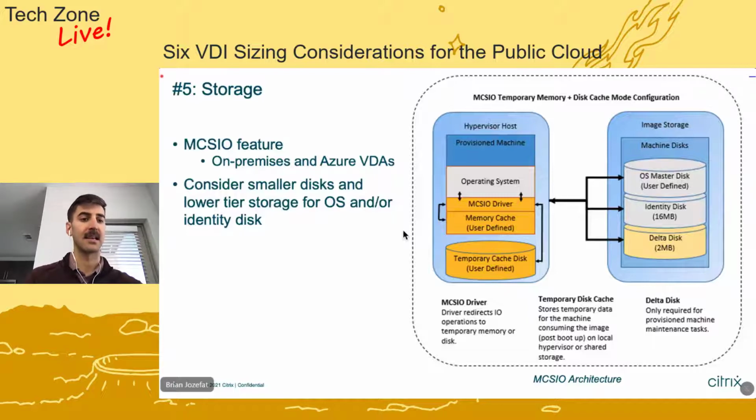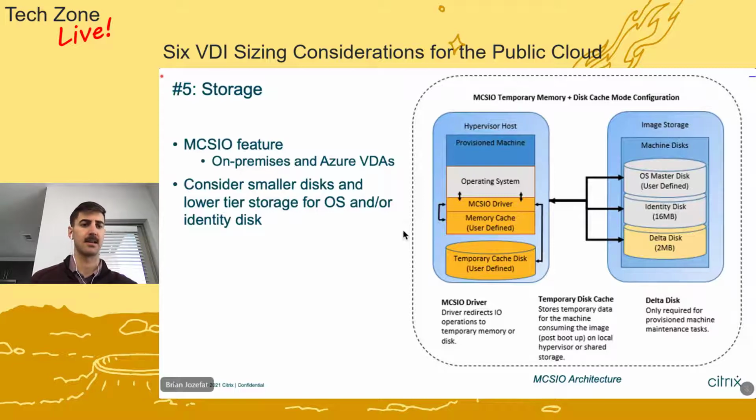So we can consider smaller disks, as well as recommend testing lower tier storage. You can think standard SSD and even standard hard drive disk for those OS and identity disks that are tied to the machine. These are both ways that we can help reduce cost on the storage side while also improving performance with that MCSIO feature.